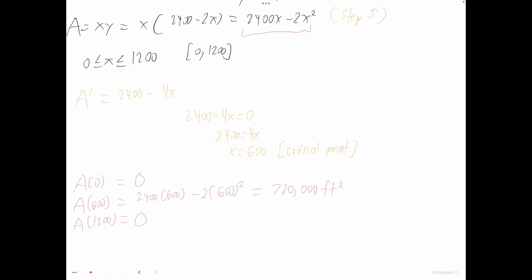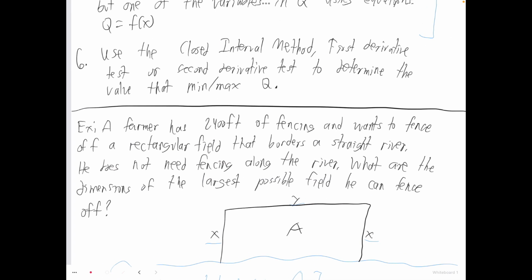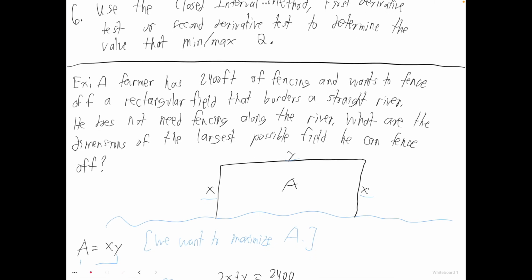So the maximum area that we could possibly get is going to be 720,000 feet squared. But what we actually cared about was the dimensions. So it's helpful to remember what the question asks. The question did ask, what are the dimensions of the largest possible field?